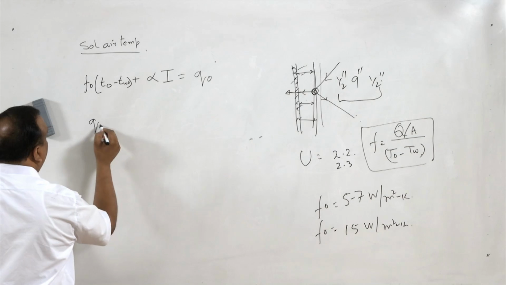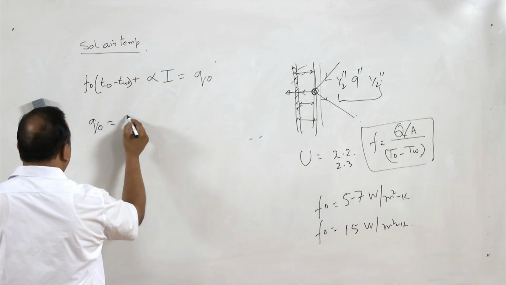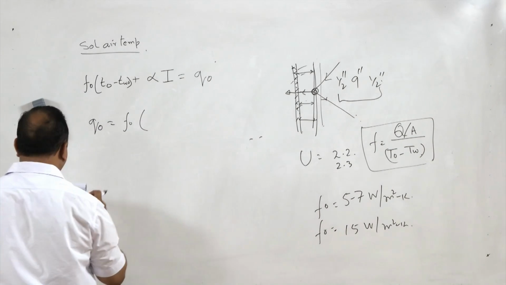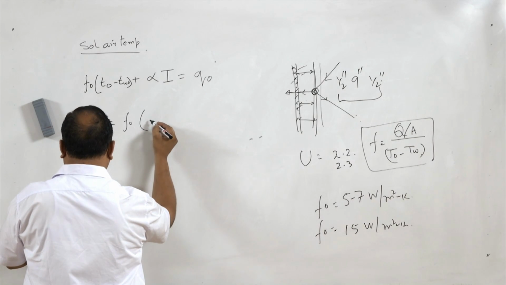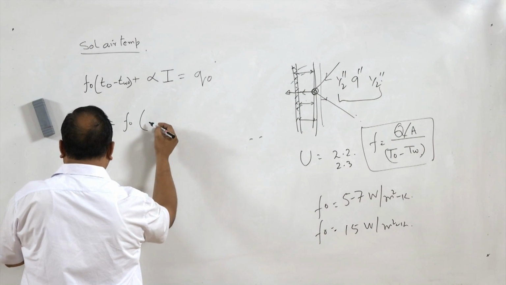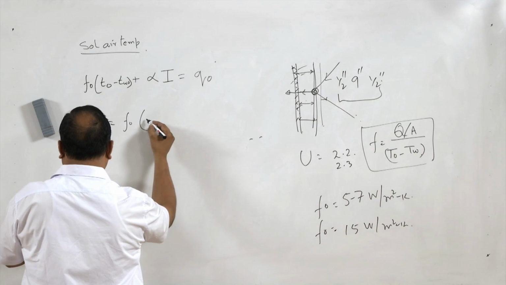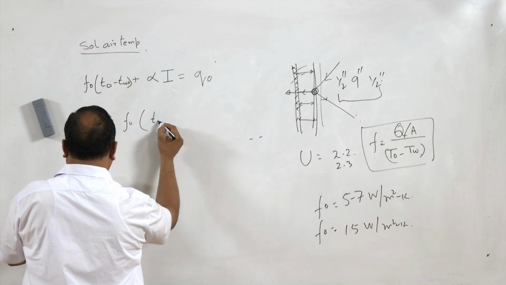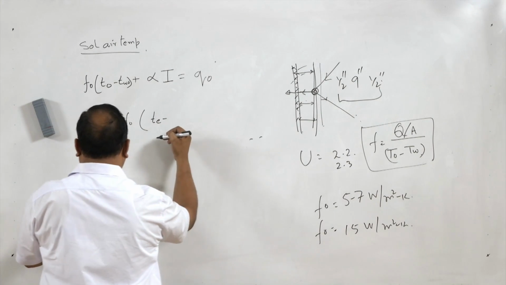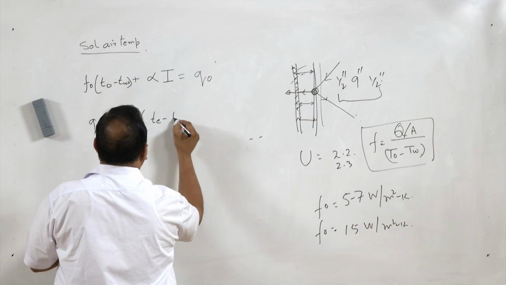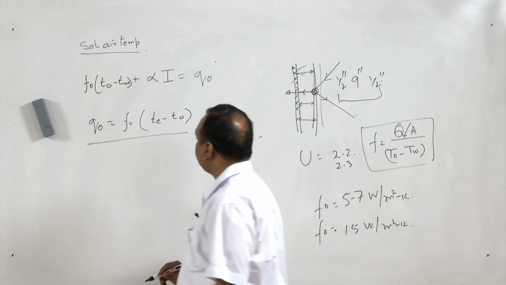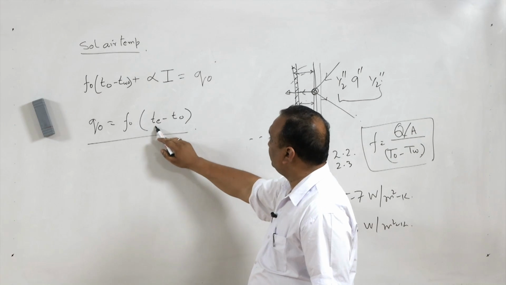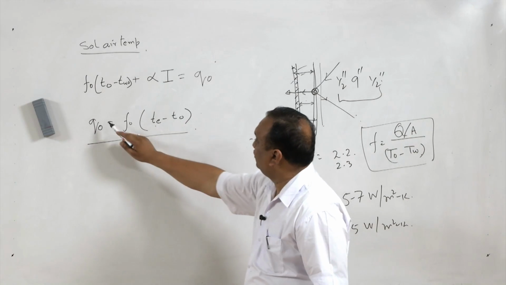Now, Qo can also be assumed as some fictitious temperature. This is known as sol-air temperature, or To. This is some fictitious temperature, the sol-air temperature, and this is also Qo.